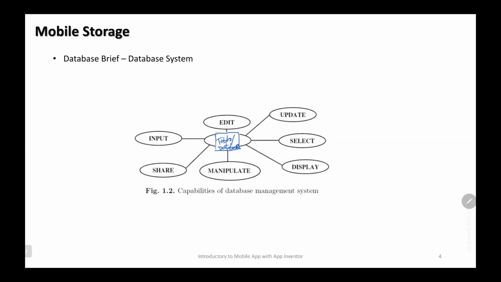So in order for a database to be a system, you must have all these features, meaning that you can input the data, you can edit, you can update, you can select, you can do sorting, filtering, searching.